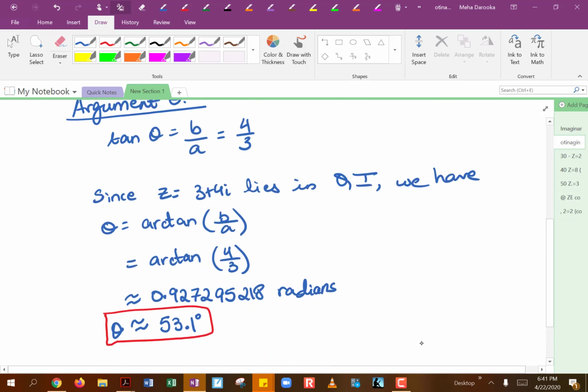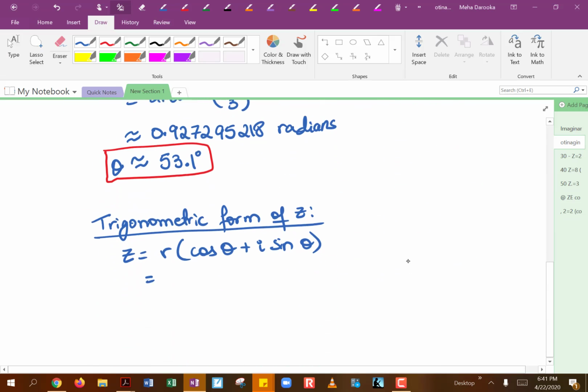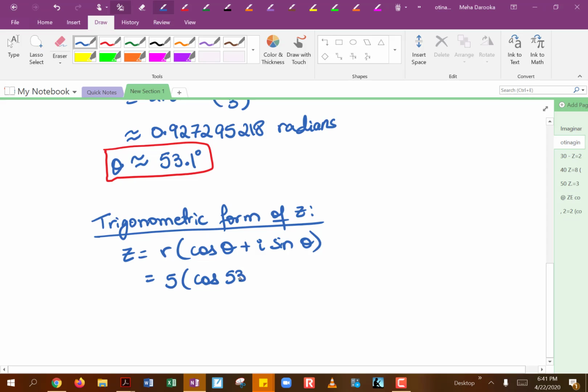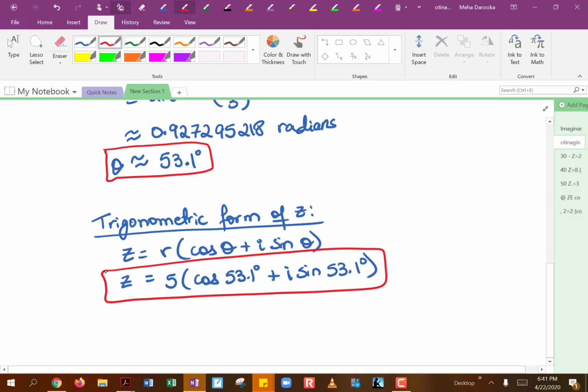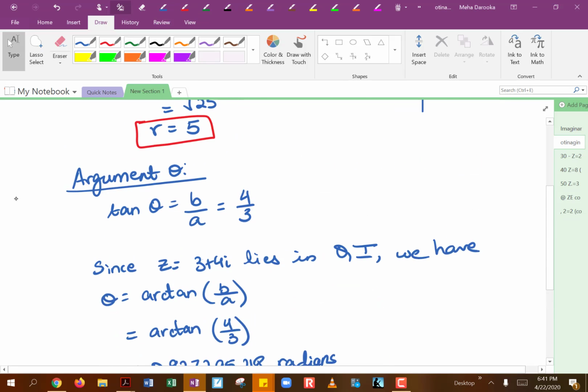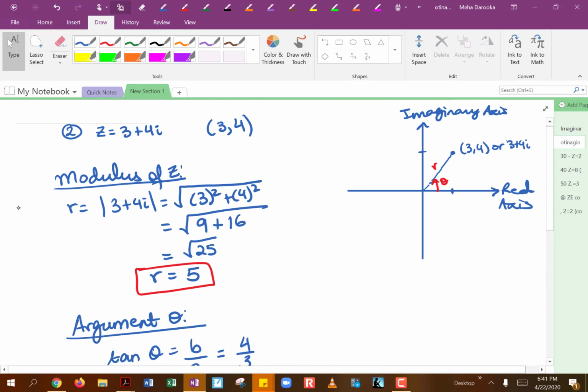So r was 5, and this will be cosine of 53.1 degrees plus i sine of 53.1 degrees. Okay, and there you go. This is our trigonometric form for z equals 3 plus 4i.